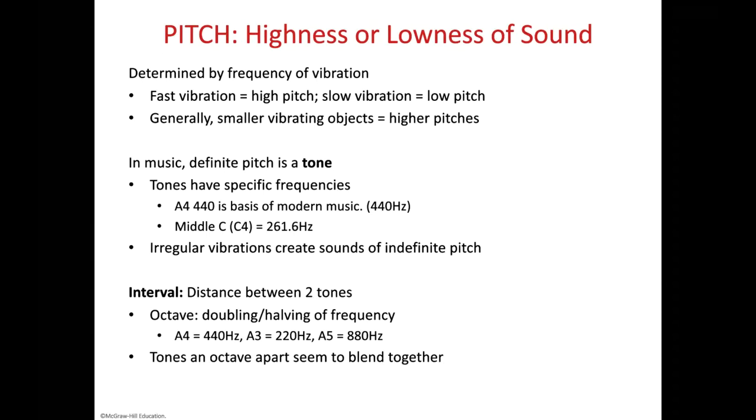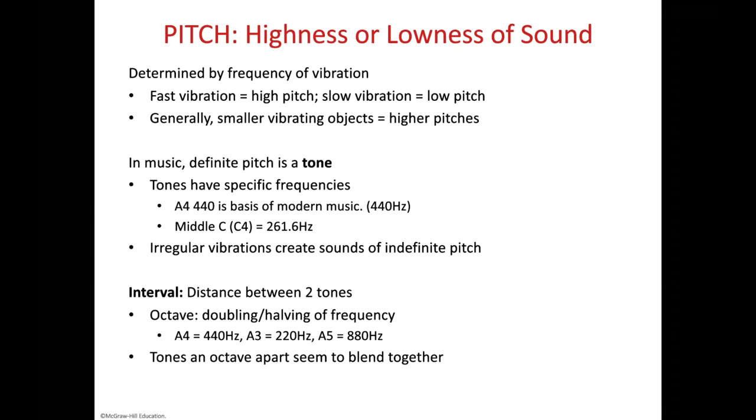Okay, so the lowest A on the piano, which we call A0, is 27.5 hertz. And that's pretty close to the lowest note that we can hear as humans. Okay? Now, if I go the other way, it goes up by twice. It doubles. So A4 is 440, A5 is 880, and so on.